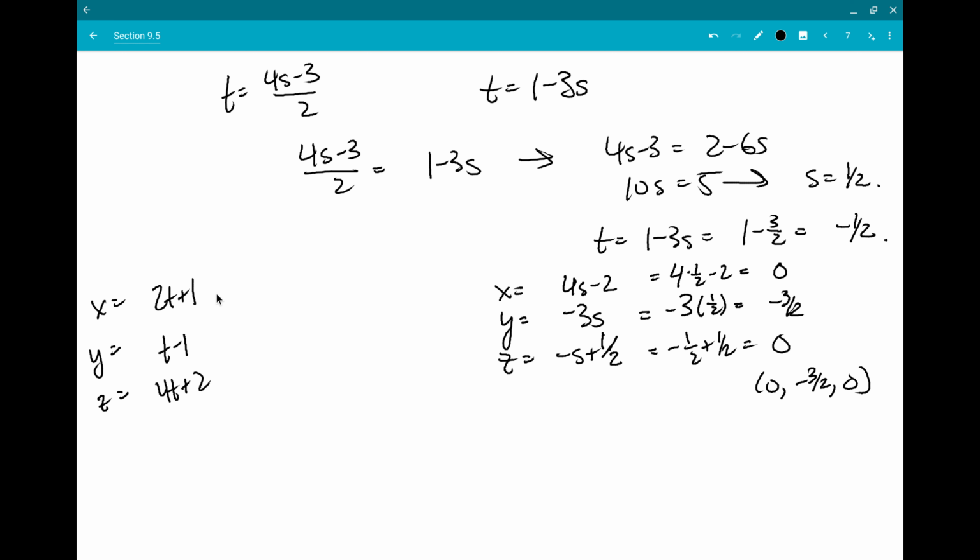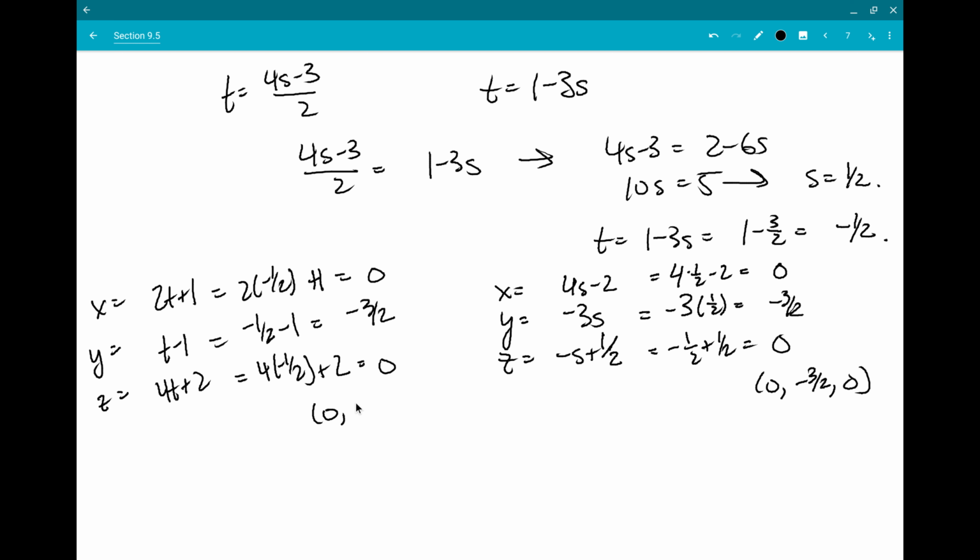Here, when I plug in t equals minus 1/2, I get 2 times minus 1/2 plus 1, which is minus 1 plus 1, 0. Minus 1/2 minus 1 is minus 3/2. And 4 times minus 1/2 plus 2 is minus 2 plus 2, which is 0.